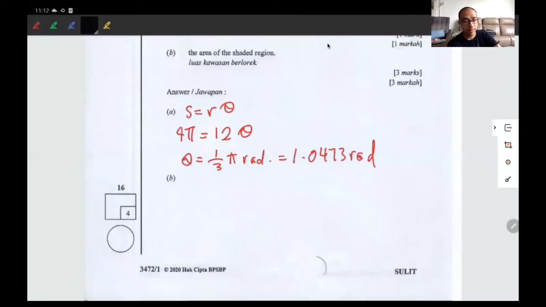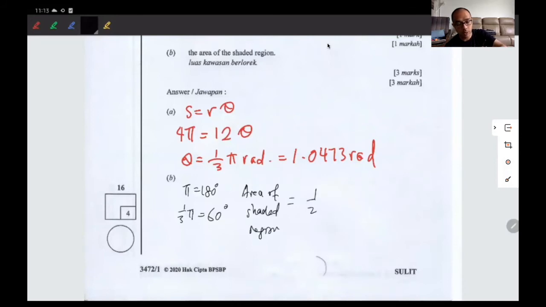Okay, and if you remember that since pi is 180 degrees, therefore 1 over 3 pi equals to 60 degrees. Okay, kita bahagi 3 lah. Therefore, the area of the shaded region, okay, is 1 over 2 times 12 squared.